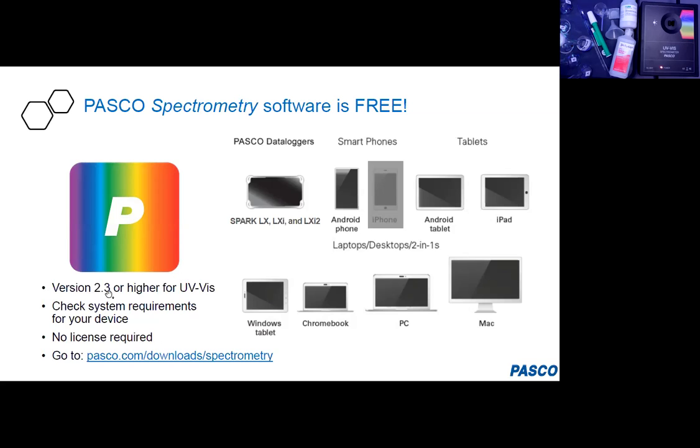You'll need version 2.3 or higher of the spectrometry software to work with this spectrometer. I'll show you how to check and see if you have the right version of spectrometry in a moment. You don't need a license, it's free, and you can download that software straight from PASCO.com. And I'll be using the spectrometry software today.